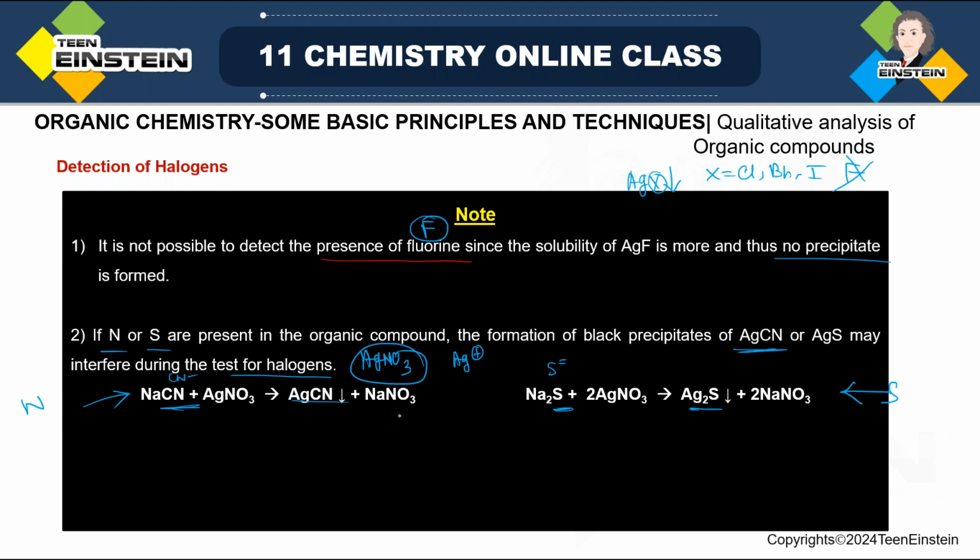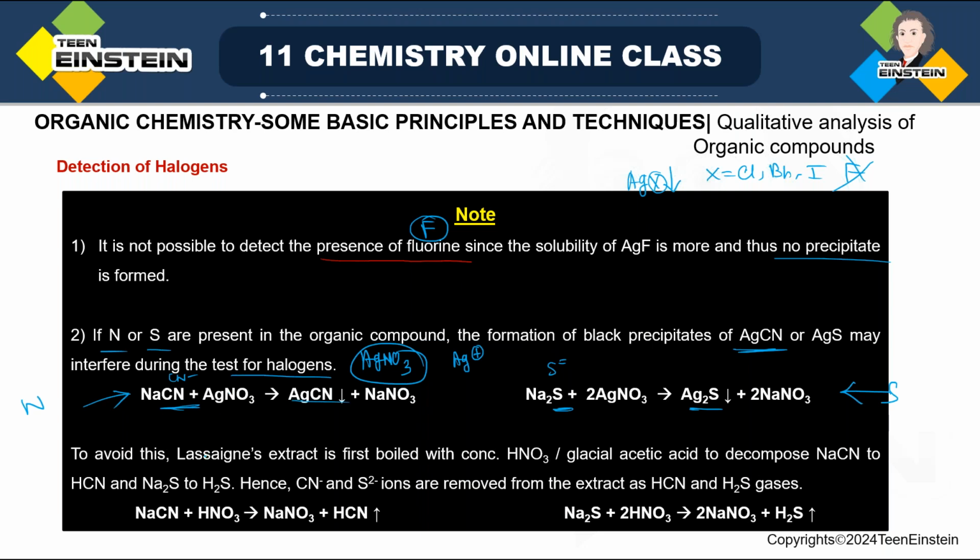You will not be able to recognize the white or pale yellow one. So there must be some extra step using which we remove this cyanide and sulfide so that there is no interference. So how to do that?